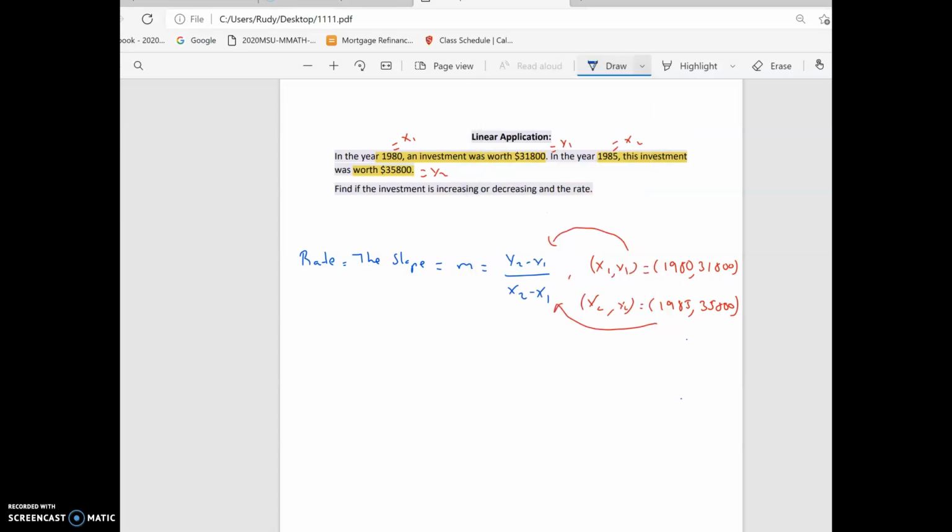to find the rate. So in this case, the value of m is equal to, and the numbers are a little bit large, so on the top you're going to have 35,800 minus the 31,800 over the x2, which happens to be your 1985 minus your 1980.